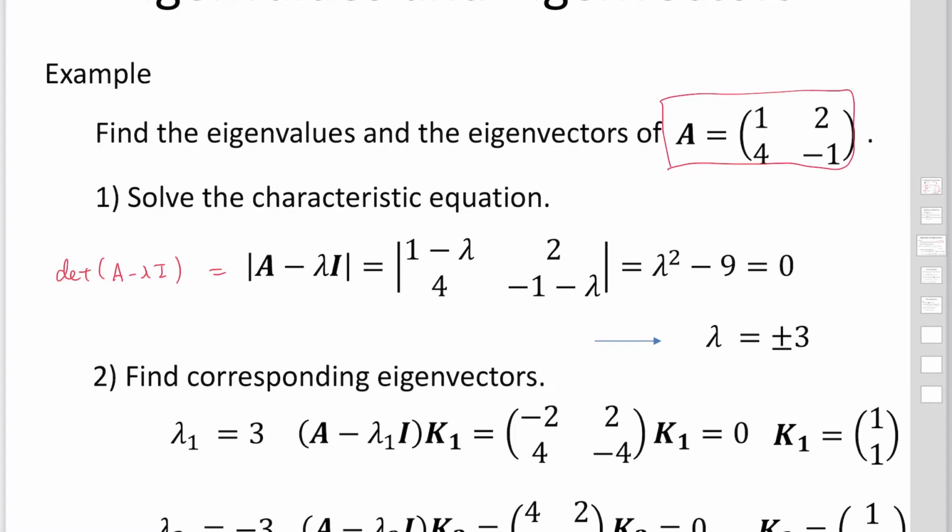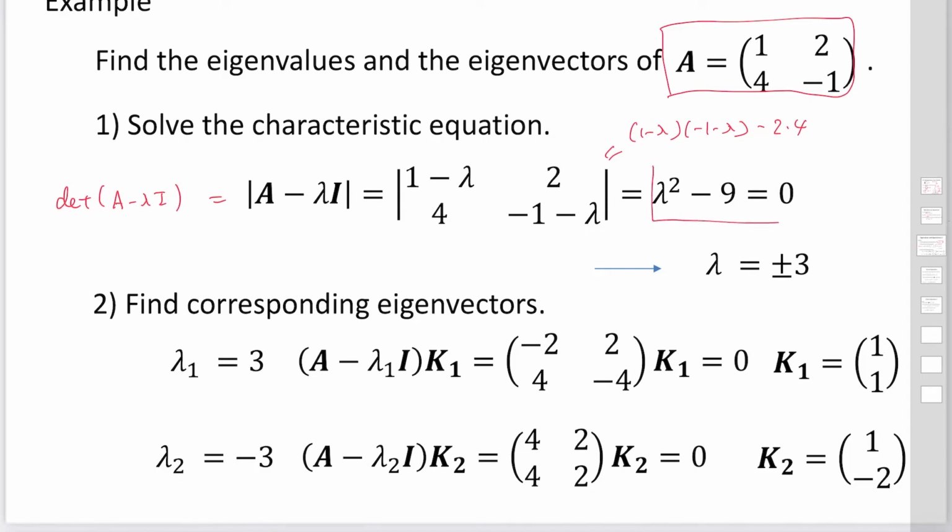This is equal to (1 minus lambda)(minus 1 minus lambda) minus 2 times 4, which equals lambda squared minus 9. The characteristic equation says this is equal to 0. From this equation, we determine lambda equals plus or minus 3.